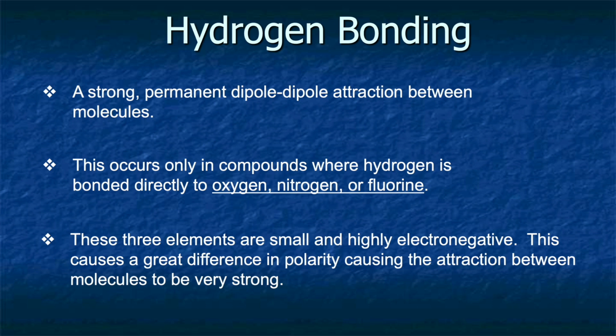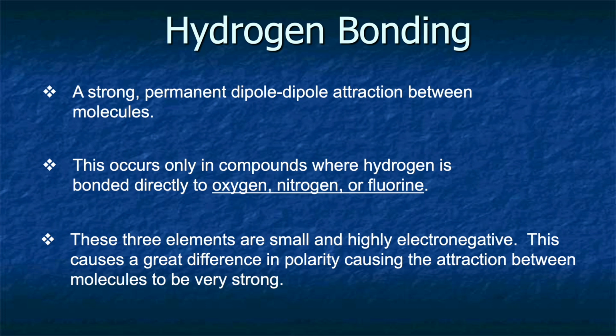And so that's what we call hydrogen bonding. And that's what accounts for the disparities in those graphs we saw at the very beginning. Remember, it was ammonia, NH3, and water, H2O, both of which experience hydrogen bonding. And so the attraction between their molecules is very strong.